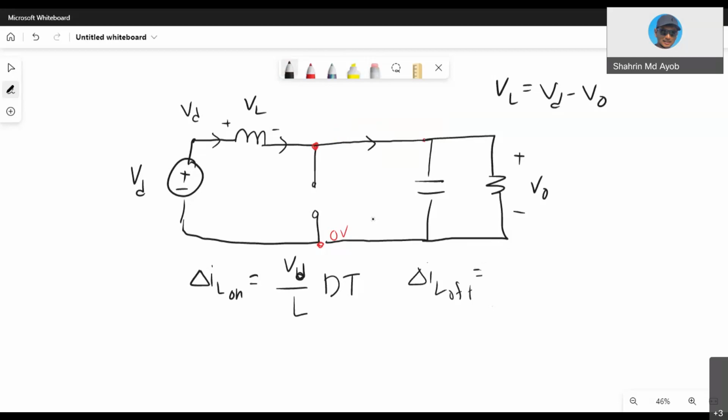Right now this node is VO, the same node. So you can write your delta IL during the off state as VD minus V out over L multiplied by T off, which is 1 minus D.